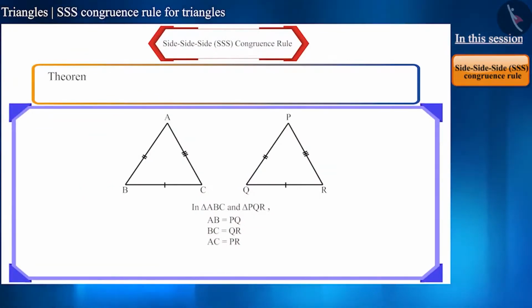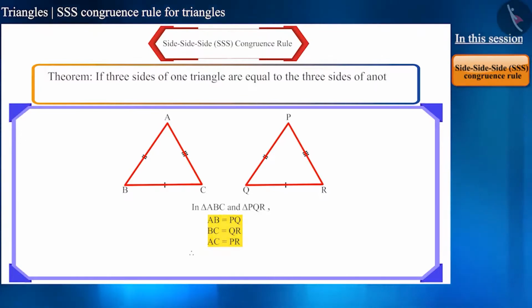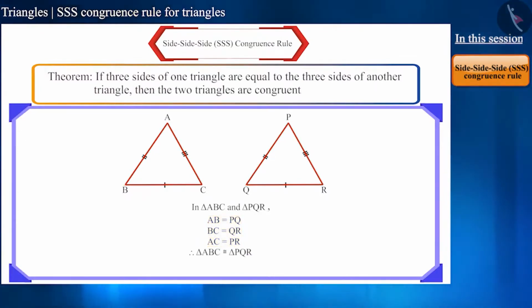If three sides of one triangle are equal to the three sides of another triangle, then the two triangles are congruent. This is called the side-side-side or SSS congruence rule. So, if three sides of two triangles are equal, then they are congruent according to the SSS congruence rule.